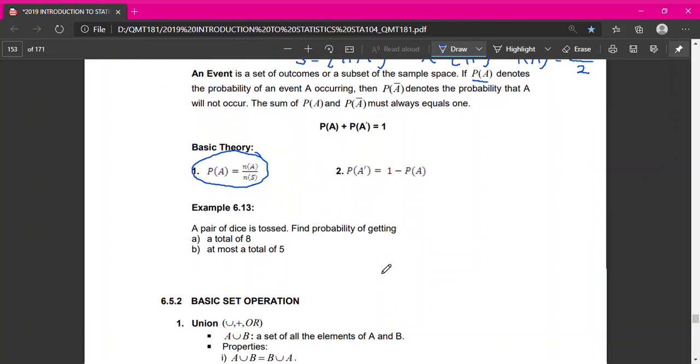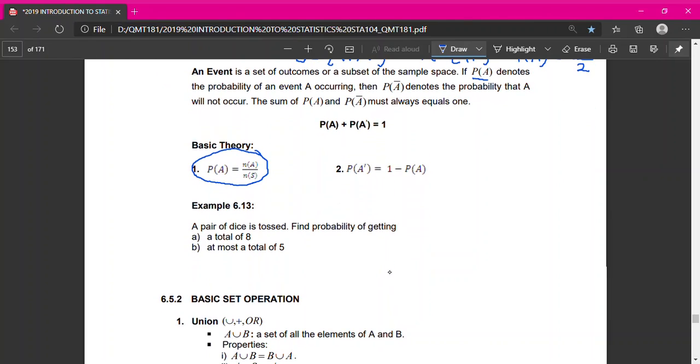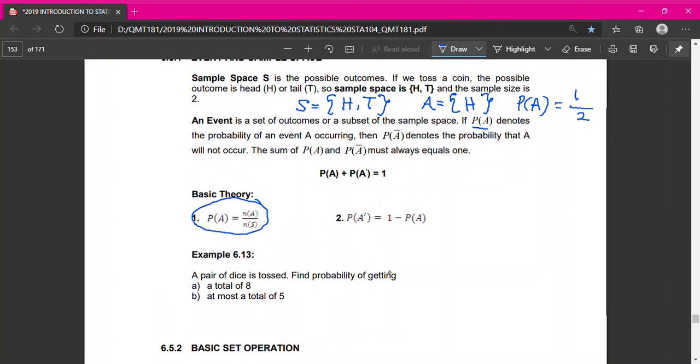So from there, we can say that untuk dapatkan probability of A complement, it is 1 minus probability of A. Contoh tadi, A complement will be T, selain daripada A. So probability of A complement, sample size untuk event A complement 1 divide dengan sample size untuk sample space 2, 1/2.